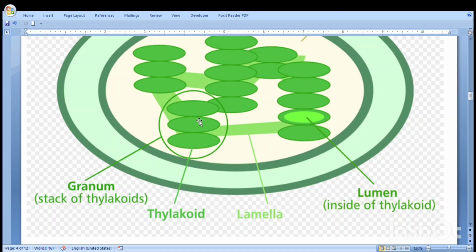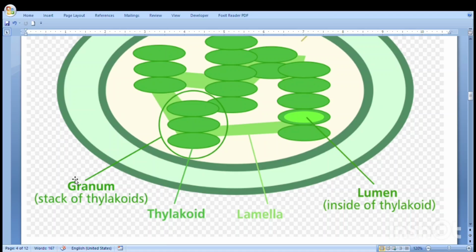This flattened sac-like shape is like pancakes, and this increases the surface area, one after the other. So this is about the grana.